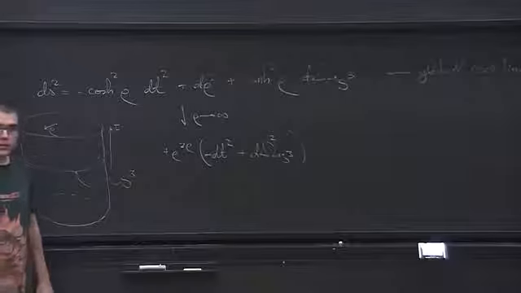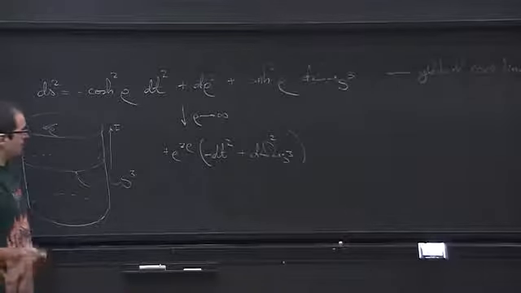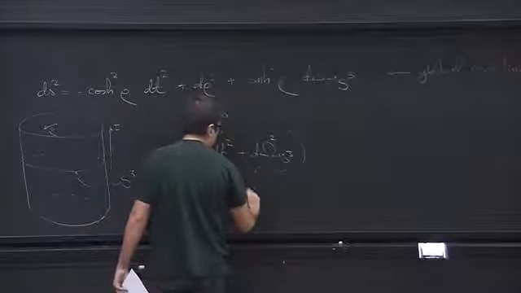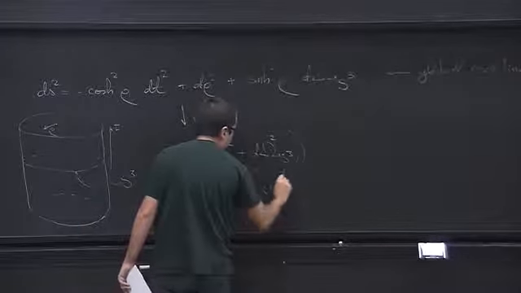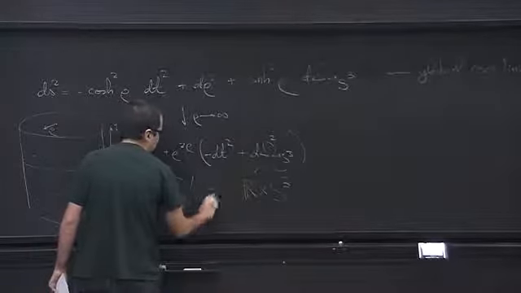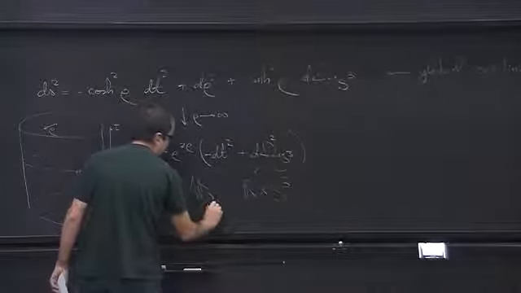So the boundary of this space-time is not Minkowski, but time times the 3-sphere. This is the boundary of global AdS.